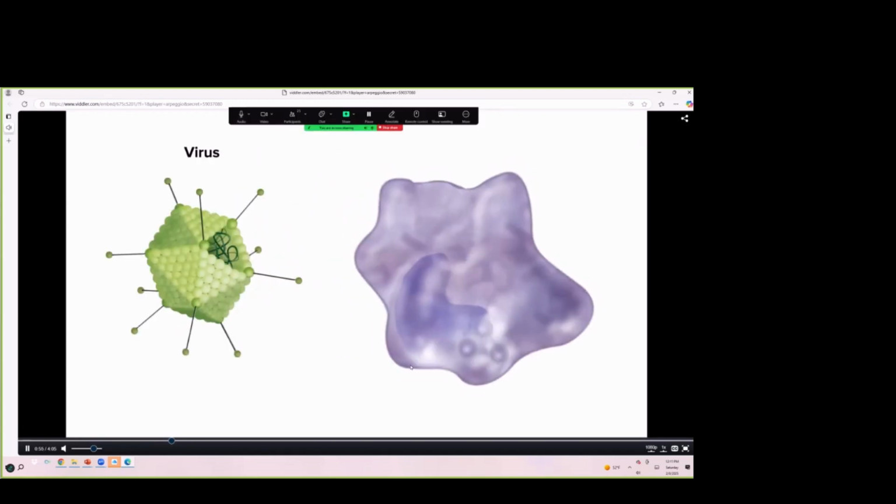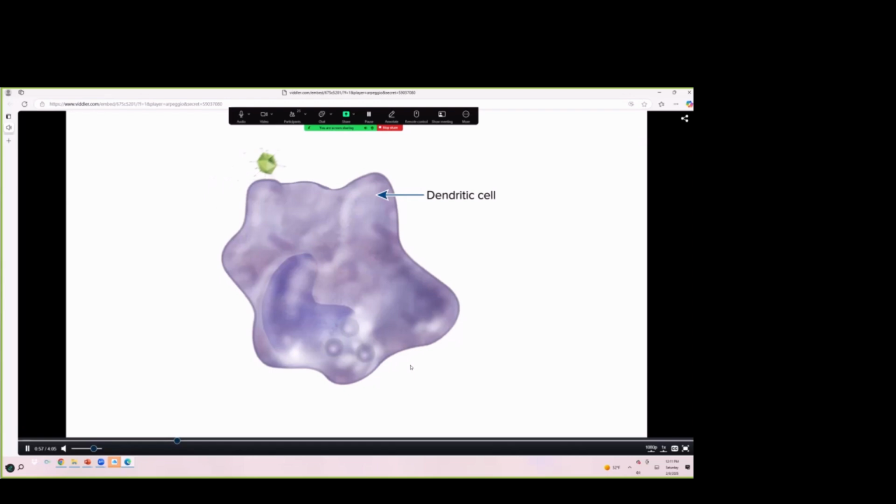When a pathogen, such as this virus, enters the body, it initially encounters cells associated with the nonspecific defenses, such as dendritic cells. One of the more common dendritic cells is the macrophage, which destroys pathogens by ingesting them during a process called phagocytosis. Once the macrophage has destroyed the pathogen, the virus in our example, a small piece of the pathogen is displayed by a specific receptor on the surface of the cell.